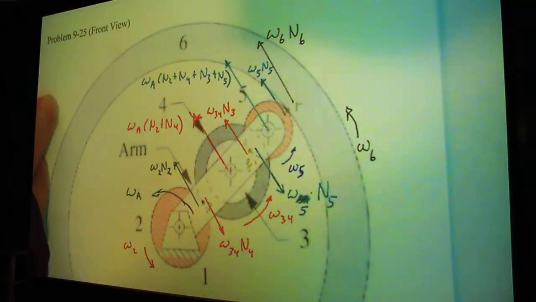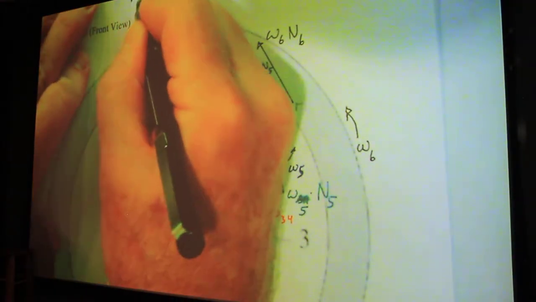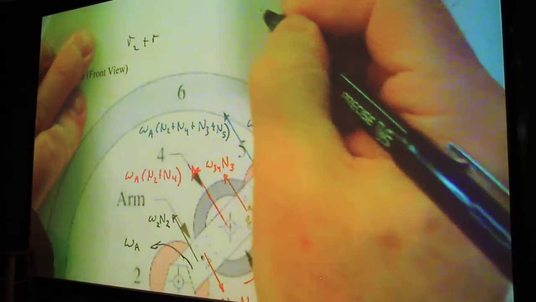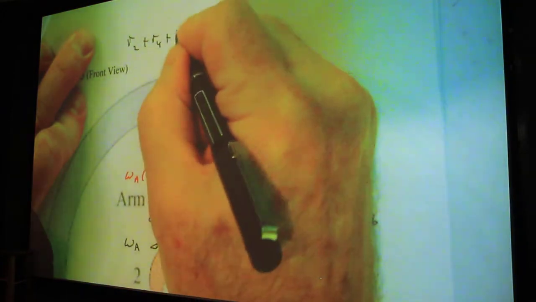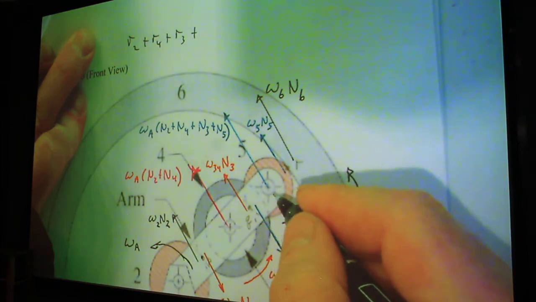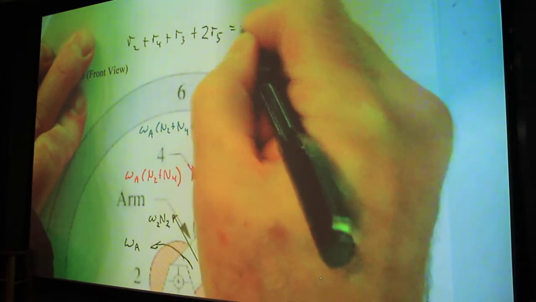So I also want you to note here that R2 plus R4 plus R3 plus 2 times R5 has to equal R6.